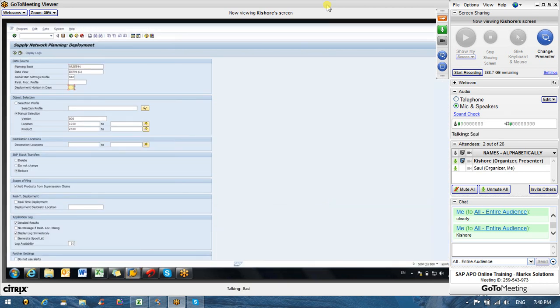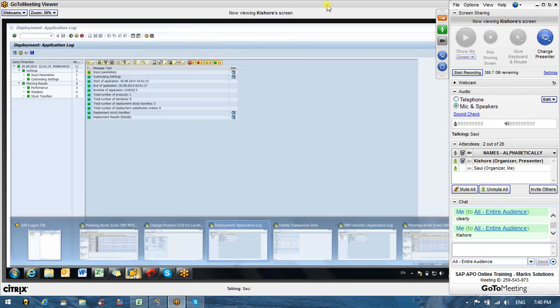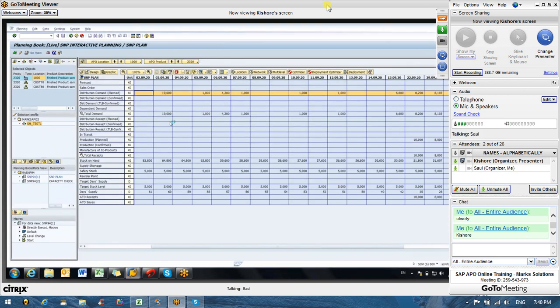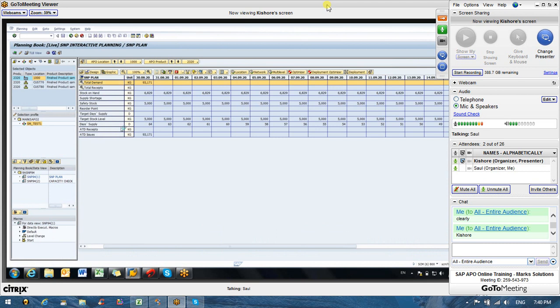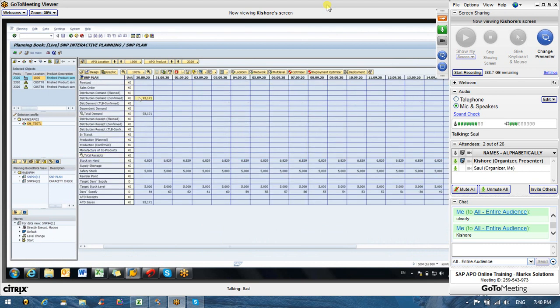Here also some 20 days, 30 days, refresh, and you see 20 days specified here. Even then it tries to confirm all the demand.